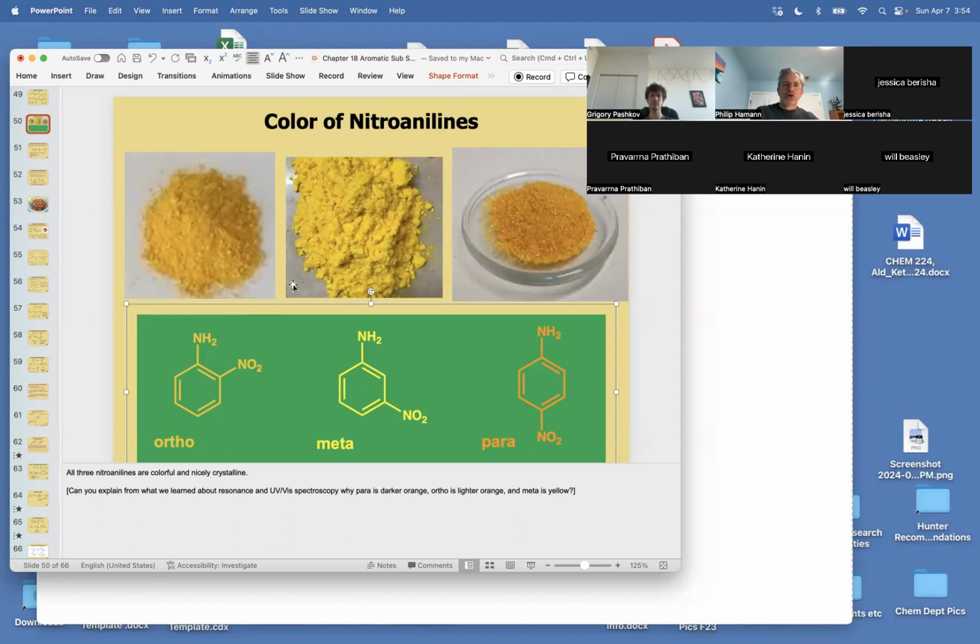The pictures don't do it justice, which is why I color-coded these things. So, it's just a curious thing. There's a steric interaction here if they're both forced flat, which the resonance structure does.